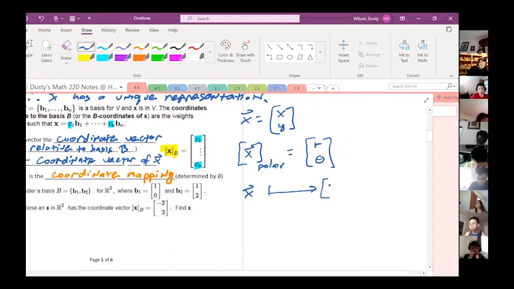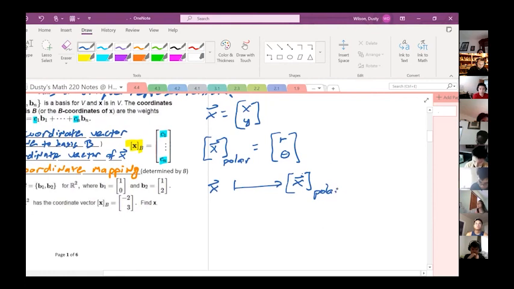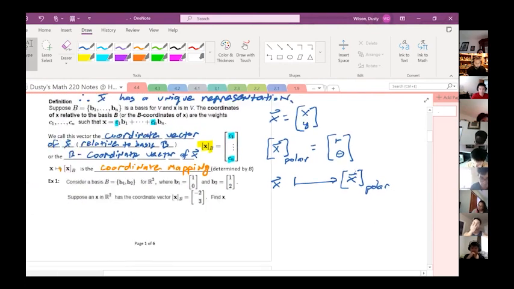I'm assuming people have done polar recently enough. There's no questions on this. This is not a test question, just trying to make a connection. So polar. And you could ask, what's that transformation that lets you go from one to the other? Yes, this is the same polar from pre-calc. And so you're like, well, what's the mapping?